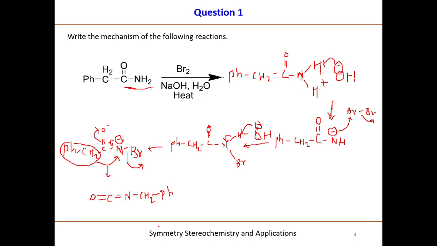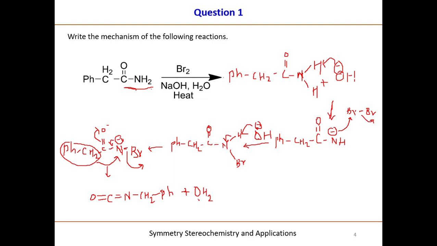Then this isocyanate will react rapidly with the water to form the carbamic acid here. So this isocyanate now undergoes reaction with water because we have water also in the reaction condition. So how will it react? I am writing here only. H2O, correct?